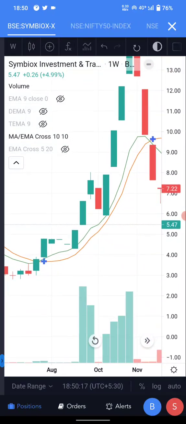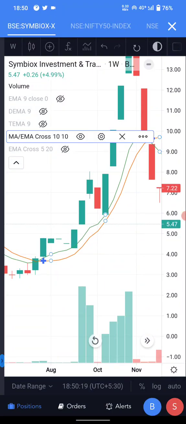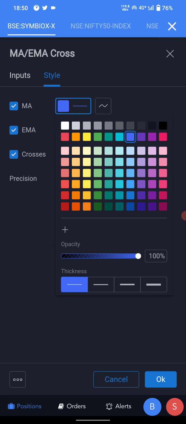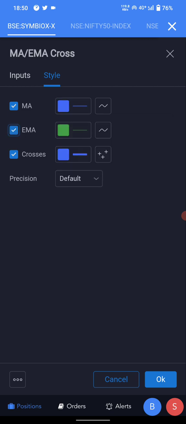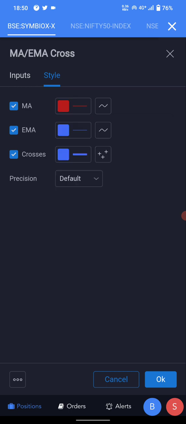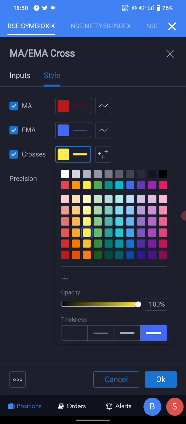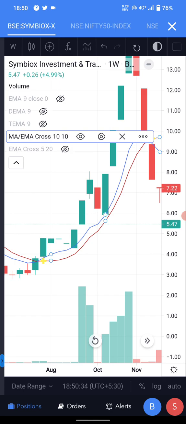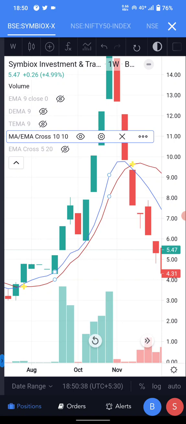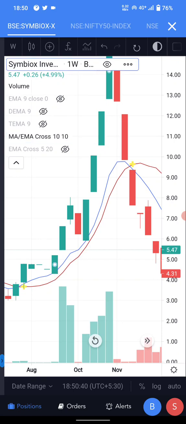The same, this green one is this green one. Okay, let me change it to blue, and EMA is blue, and this one is red, and the crosses will be yellow. Okay, the same with the EMA cross also, right? You can see this is the buy position and this is the sell position.